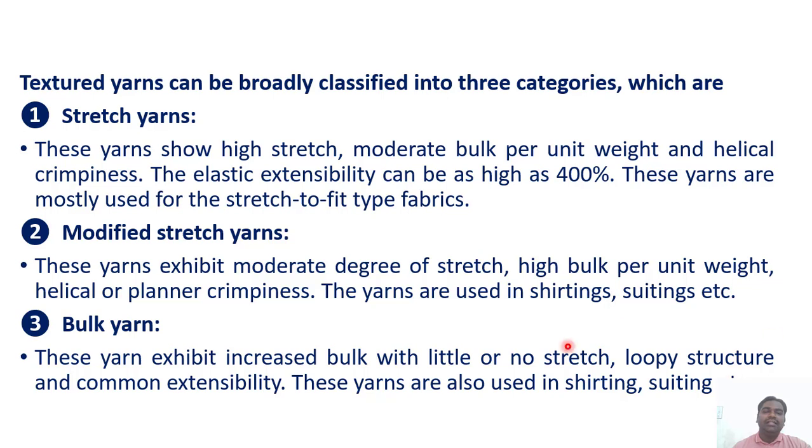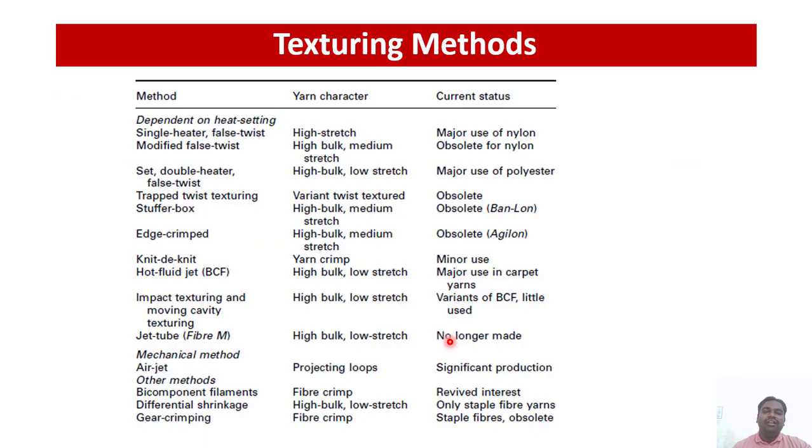So we have seen the three basic texturized yarns and how they are classified depending on the stretch and bulkiness of the yarn. Now we'll see the different methods and how different yarn characteristics can be made from them. The first is based on heat setting.